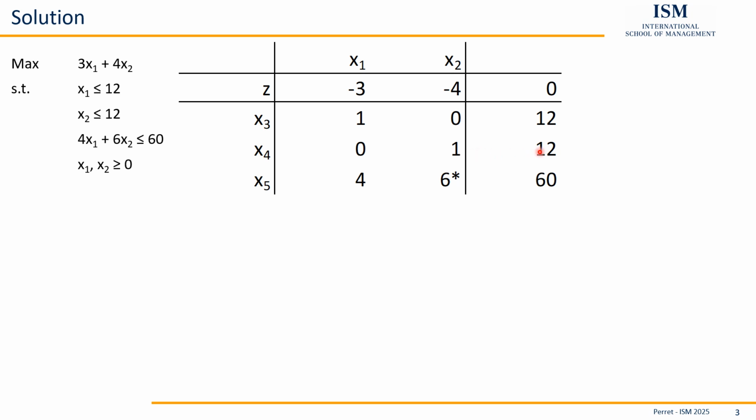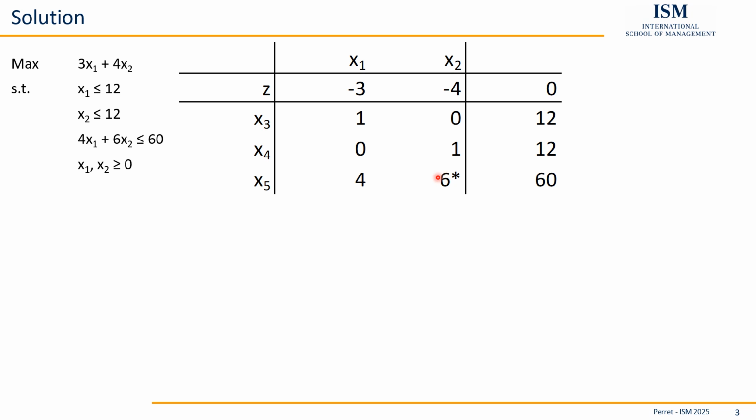I take the right side value divided by this value here. So I have 12 divided by 1 gives 12. 60 divided by 6 gives 10. Of these, I select the smallest one, which would be here the 10. So the x5 row will be my pivot row. So I have pivot column x2, pivot row x5, and thus a pivot element of 6.